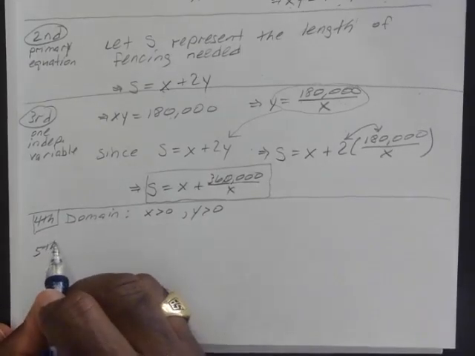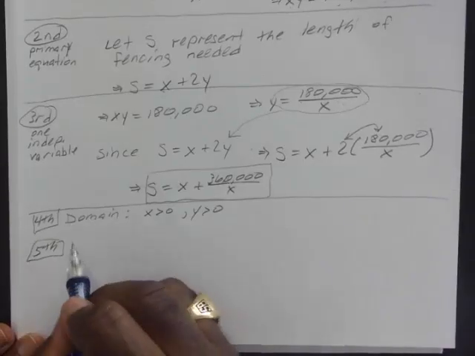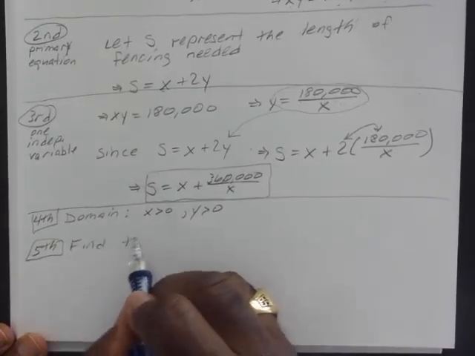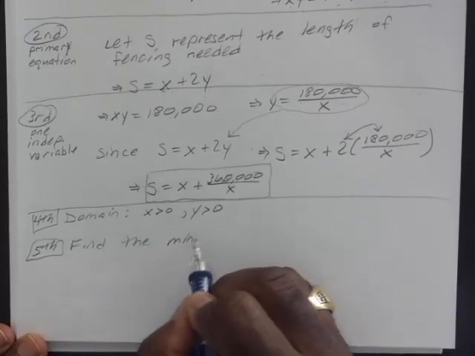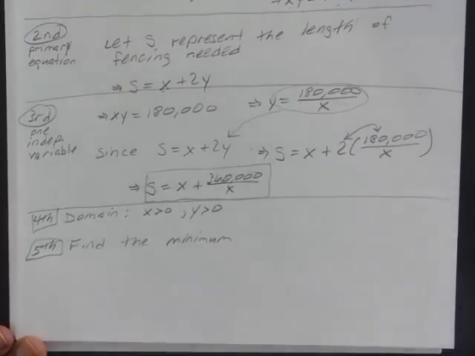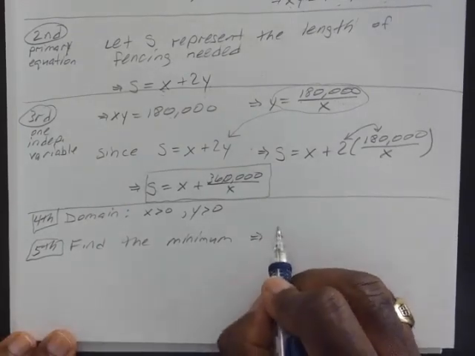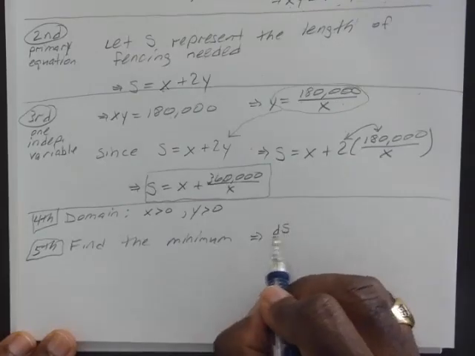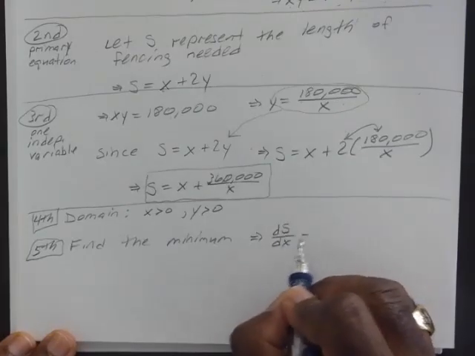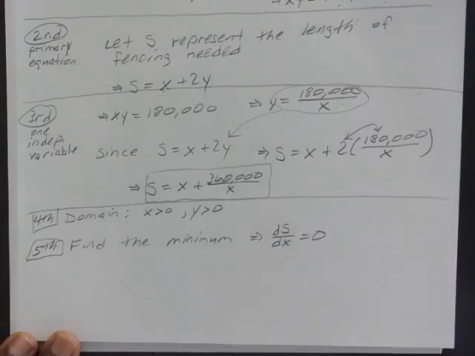So our fifth step is now where we find the minimum, and that is where the derivative of S with respect to x is equal to 0.